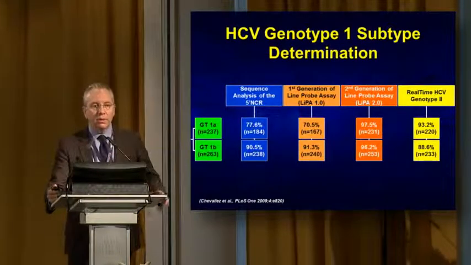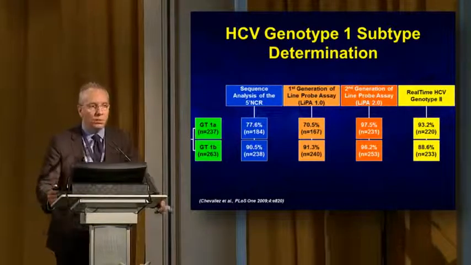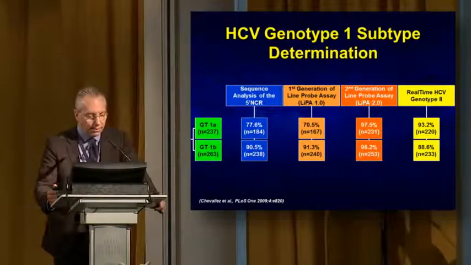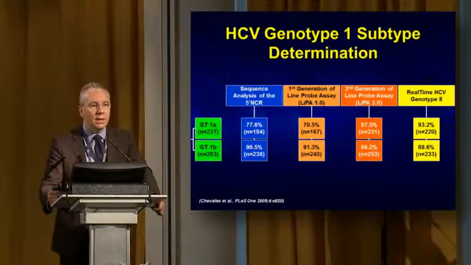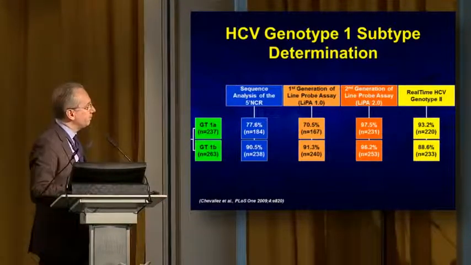And these are the results of a study we published a few years ago with Stéphane Chevalier, my collaborator, and you can see here that we assessed the performance of different genotyping assays to discriminate genotype 1A from genotype 1B.